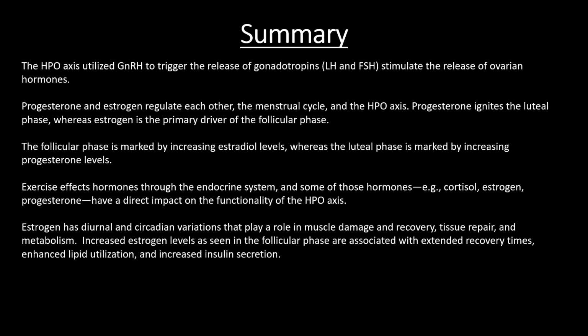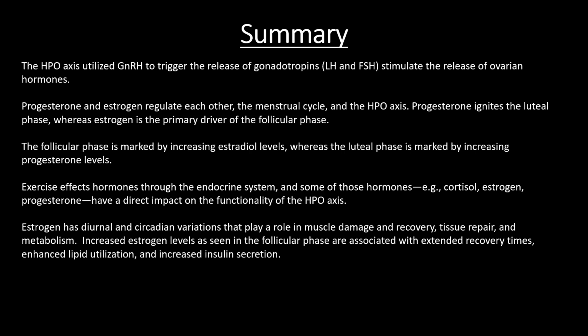Progesterone ignites the luteal phase, whereas estrogen is the primary driver of the follicular phase, which is marked by increasing estradiol levels, as well as just estrogens overall, whereas the luteal phase is marked by increases in progesterone levels.